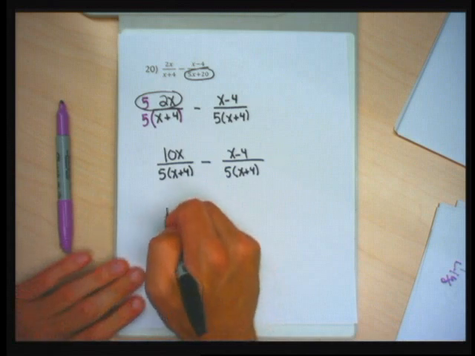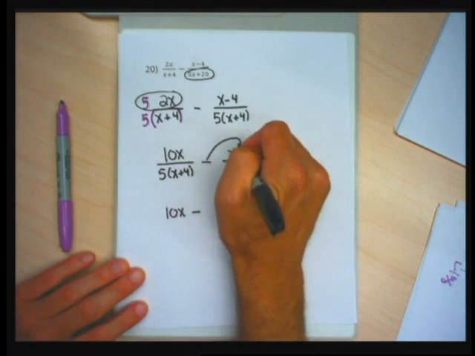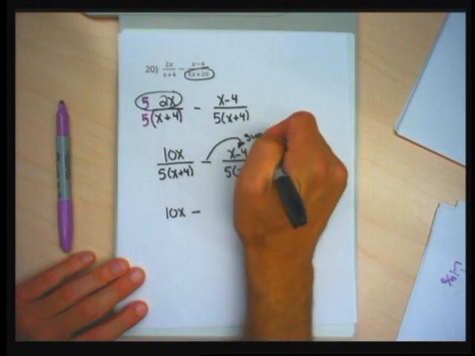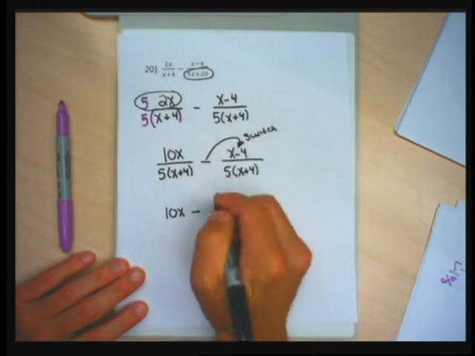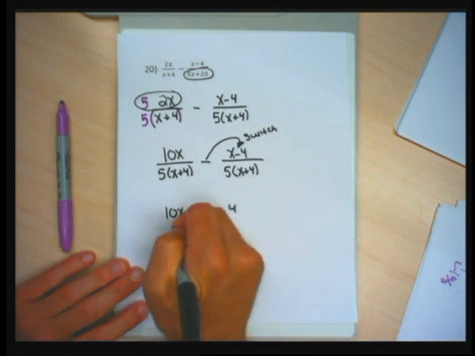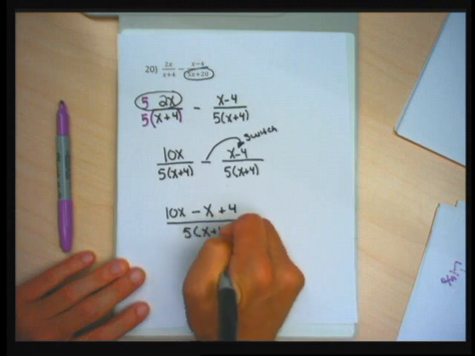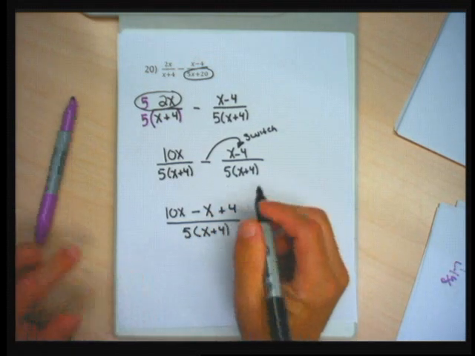I'm going to combine the two fractions into one by writing their numerators next to each other. The minus between the two fractions will make me switch this sign. The minus is going to attach to the x and switch the minus to a 4. And now I'm going to simplify the numerator.